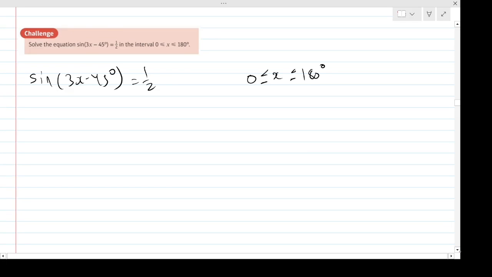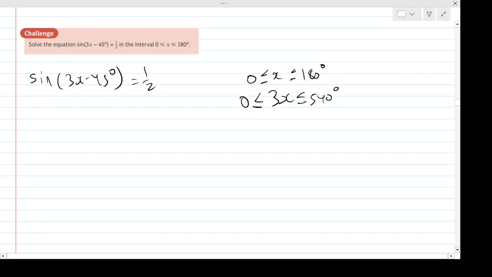Now, I would recommend using BIDMAS, right? So let's do 3x first, because multiplication comes before subtraction. If we times it by 3 firstly, you'd have 0, then 180 times 3 gets me 540. And then I minus 45 from all sides, right?